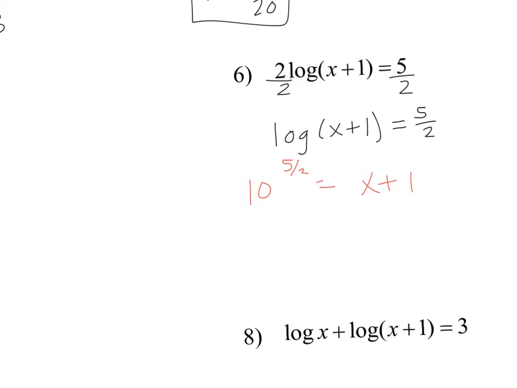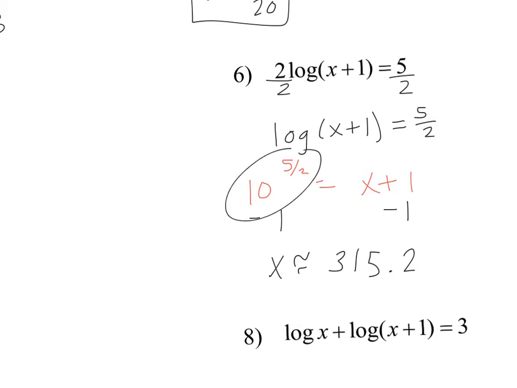And 10 to the 5/2 is just a number. I can put that in my calculator, or I can do 10 to the 5th and take the square root of that, but that kind of turns out to be complicated too. So I'm just going to subtract 1, and rounding to the nearest tenth, it's 315.2.